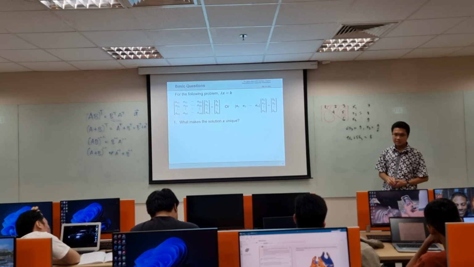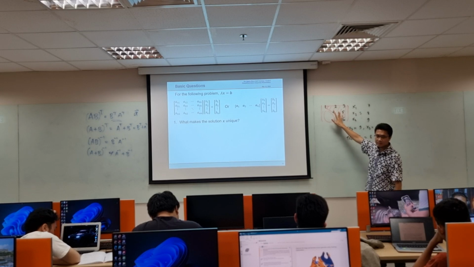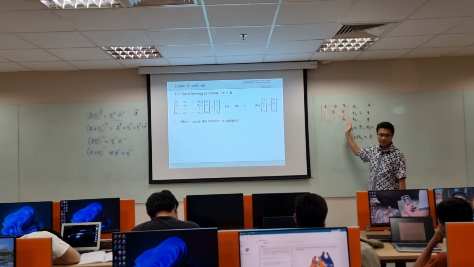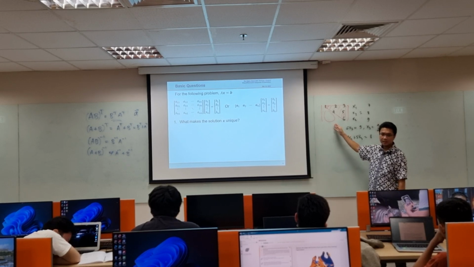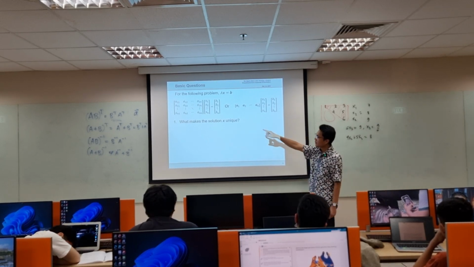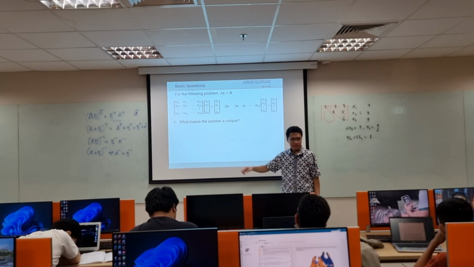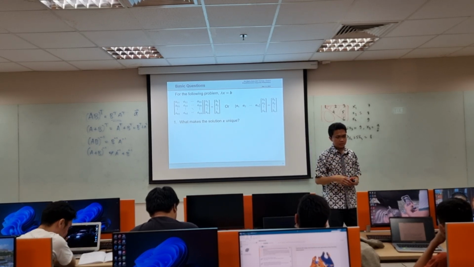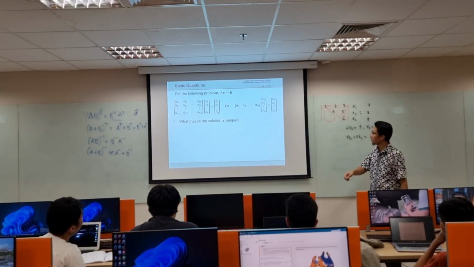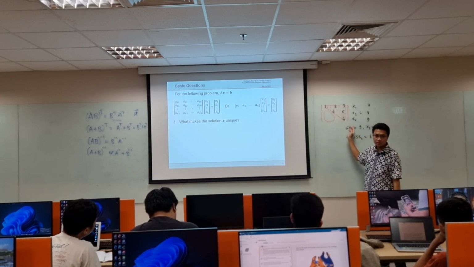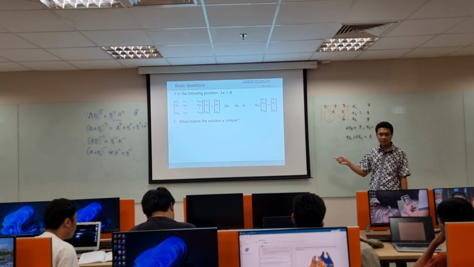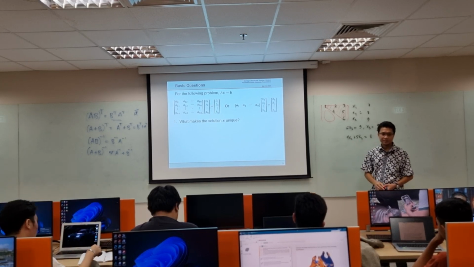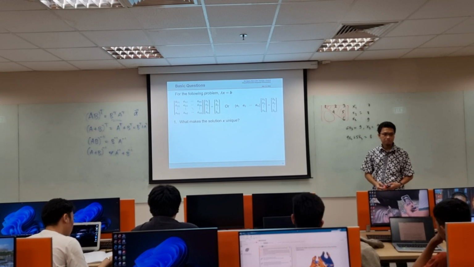Yeah. So what does it mean here? The requirement for solution x to be unique is that you can row reduce A using Gaussian elimination so that it becomes an upper triangular matrix with non-zero rows. If you can do that, then the solution x is unique. Okay?